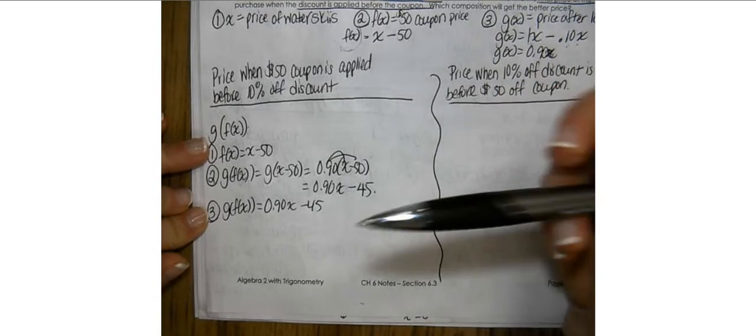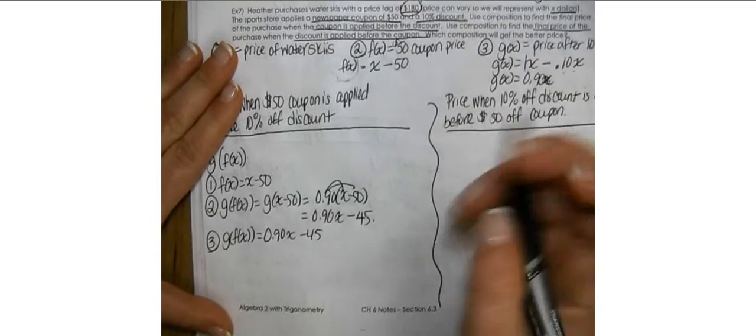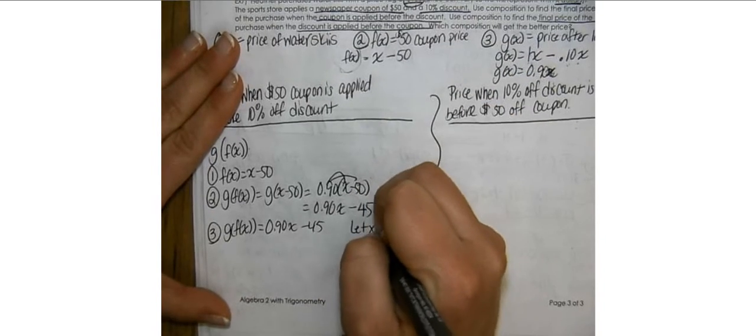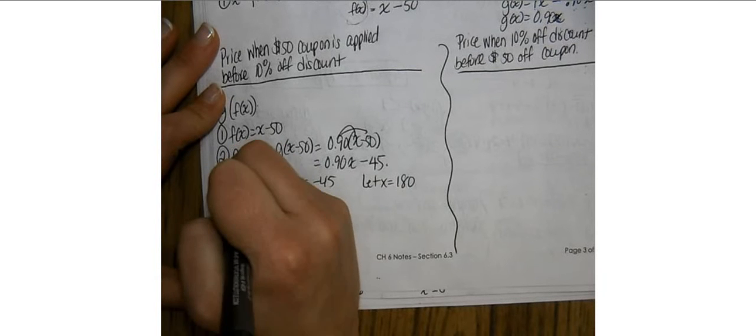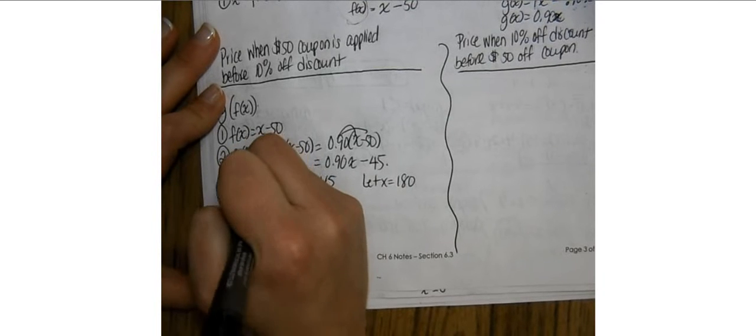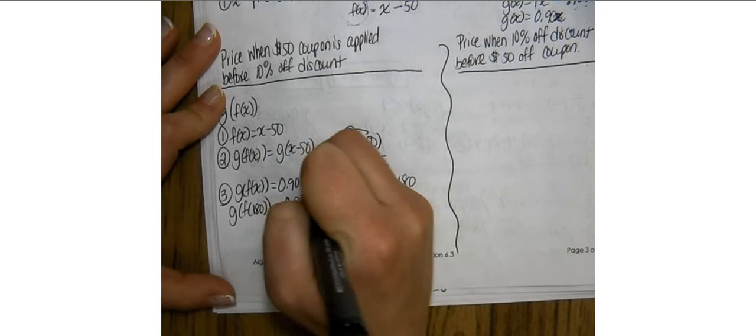Next, I'm going to identify how much the water skis will be if they are $180. So let's say that they are $180. Now we're going to let x equal 180. So I'm going to write g of f of 180 is going to be equal to 0.90 times 180 minus 45.